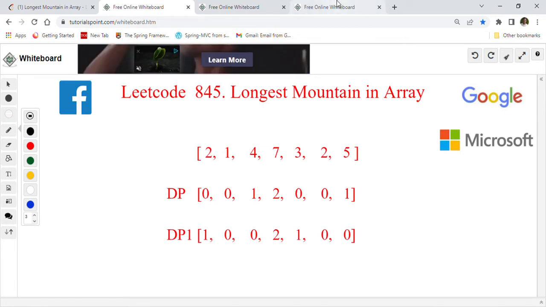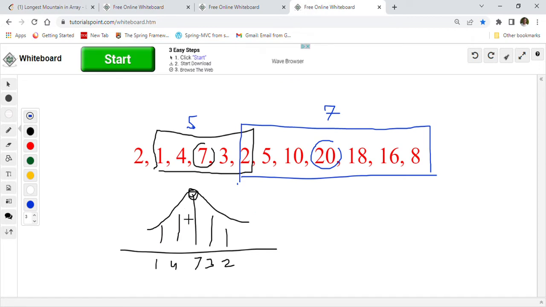For example, this is the mountain array, and a mountain array has a peak. This is the peak. The peak has a couple of elements on the left side. 7 is the peak, so 1 and 4 are the two elements on the left side, correct? And then there are a couple of elements on the right side of this peak, a 3 and a 2.